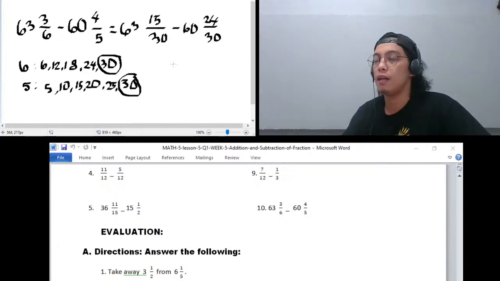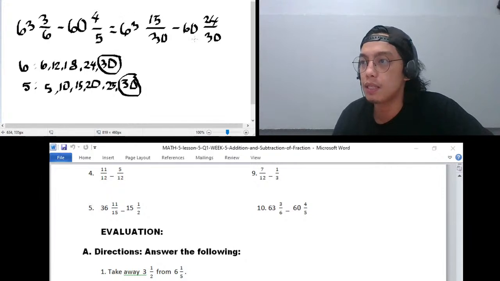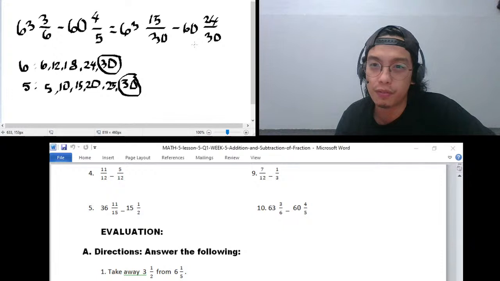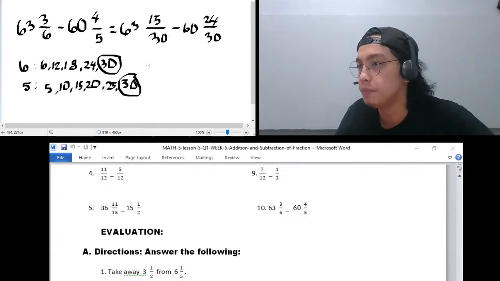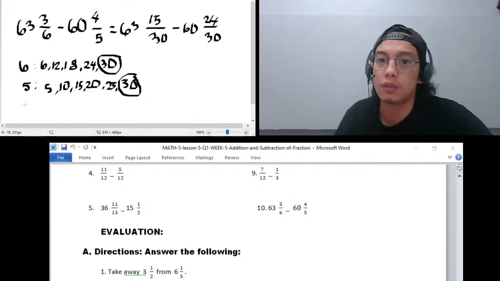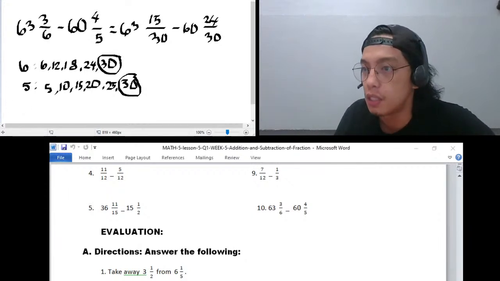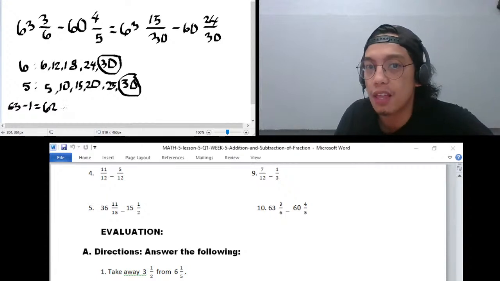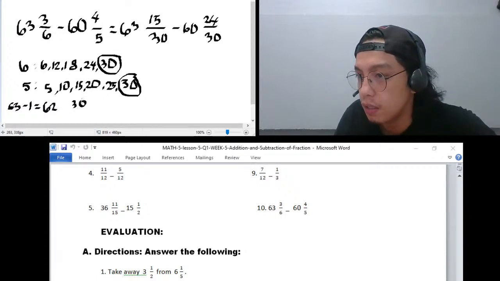Correct. And then we have to subtract them. 63 minus 60 for the whole number is okay, because 63 is bigger. But 15 minus 24 is not possible, because 24 is bigger than 15. So, same as what we did earlier, we borrow 1 from the whole number and add it to the fraction. So 63 minus 1 is 62. That 1 part is 30 over 30 plus 15 over 30.